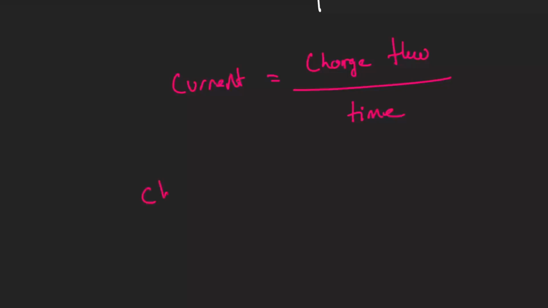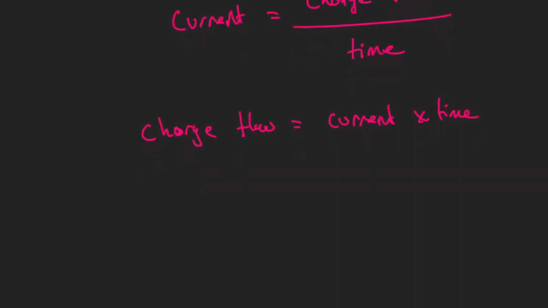The charge flow will be equal to the current multiplied by the time. On your equation sheet, it will look like a symbol equation: the charge flow is Q, and that's equal to the current, which is I, multiplied by time, which is a small t.